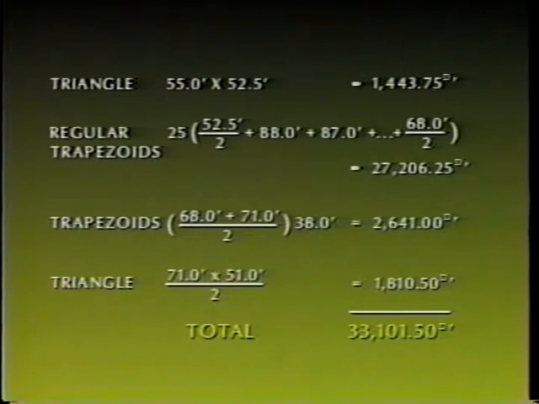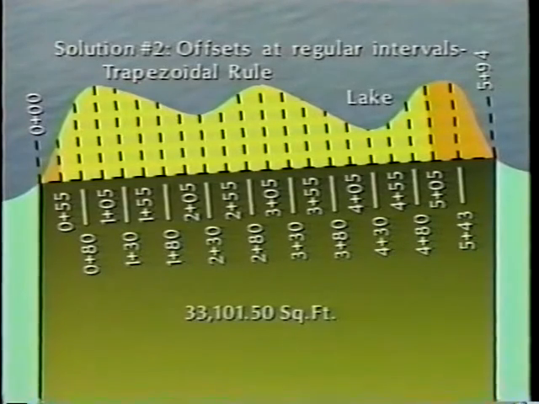Then we have another trapezoid. Oh, going back to the regular trapezoid, I neglected to say that the total square footage for that formula is 27,206.25 square feet.